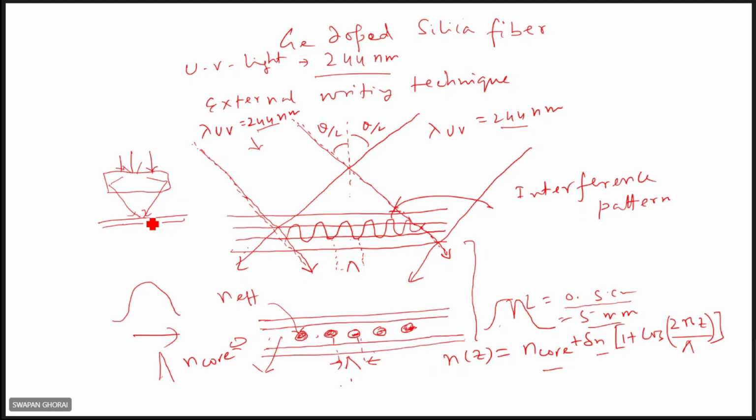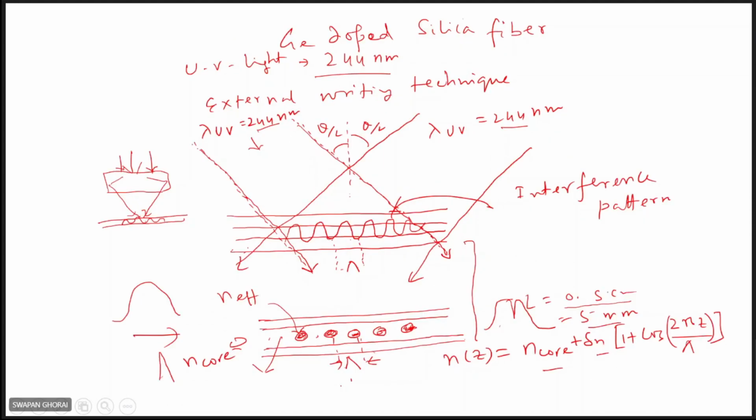This is a holographic technique. This is a mask technique. A mask is first prepared, next the mask is illuminated by the laser beams, and the grating fiber is placed beneath this mask. Then you get a pattern like this. So there is a mask method, and there is also an interference technique.